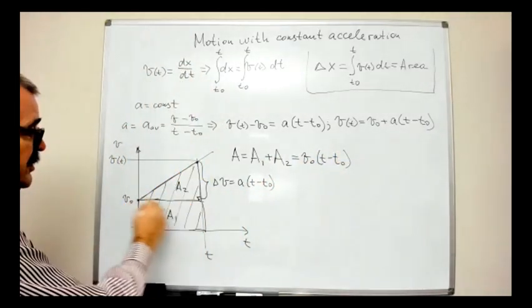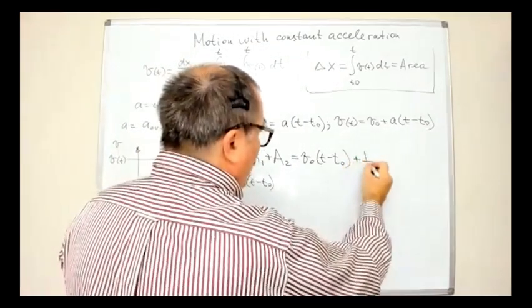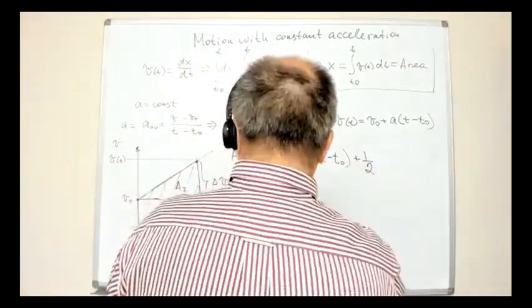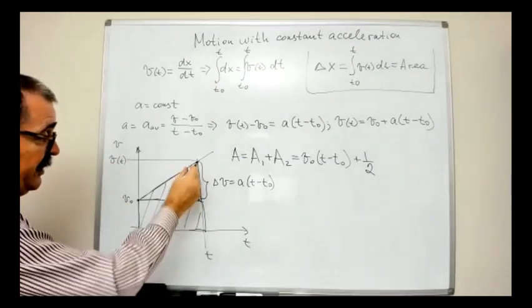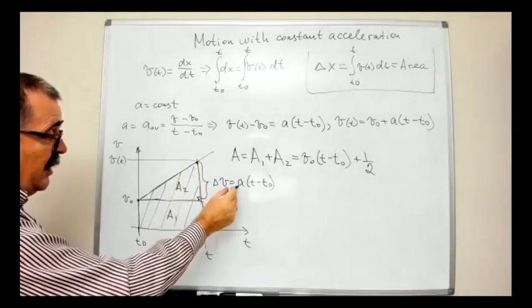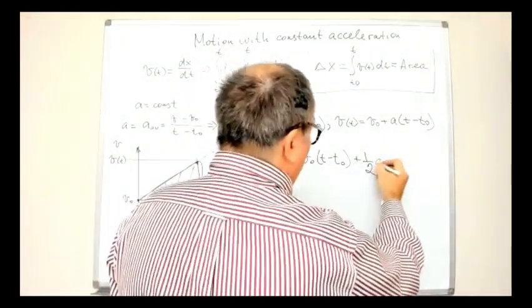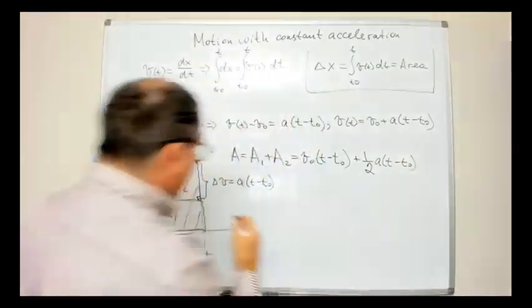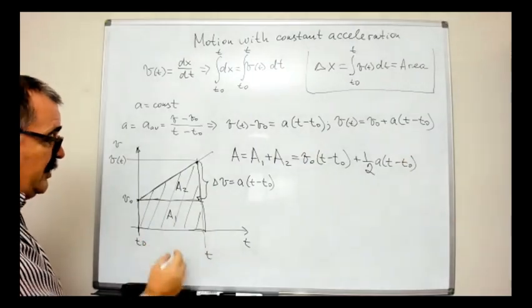And then the area of this right angle triangle, A2, is one half delta v, the height here, which is a times (t minus t0), times the base, which is t minus t0.